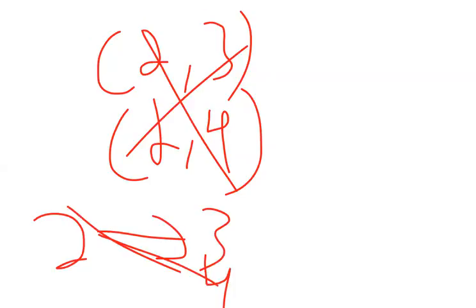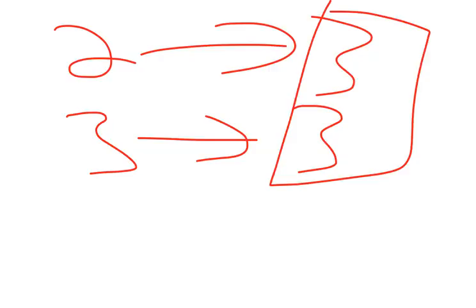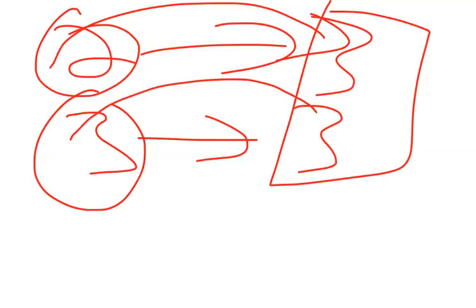That's not possible. So 2 maps to 3, 3 maps to something else, this is fine. Each input, so 2 is an input, only has one output, which is 3.